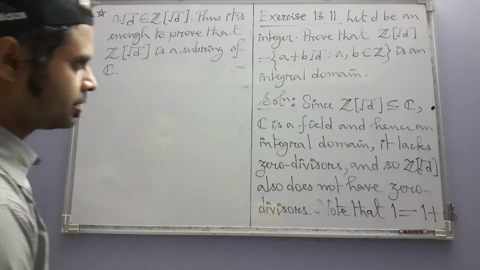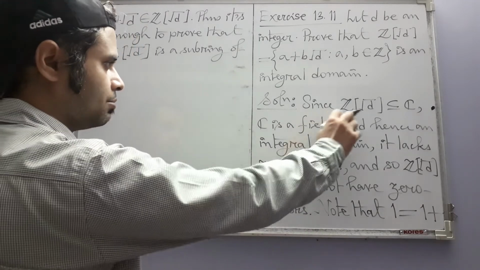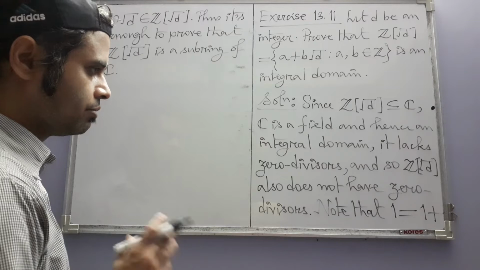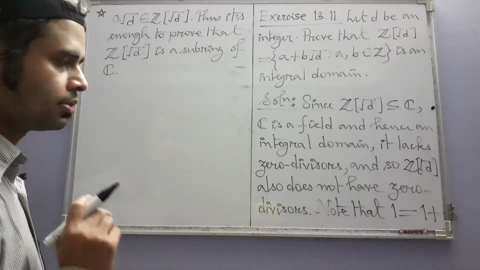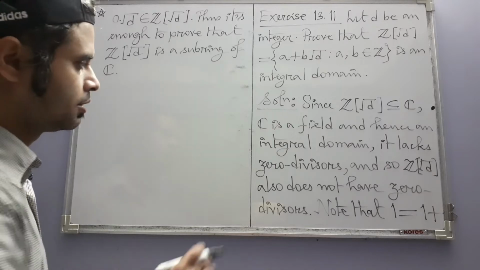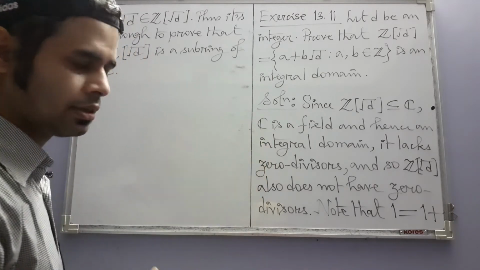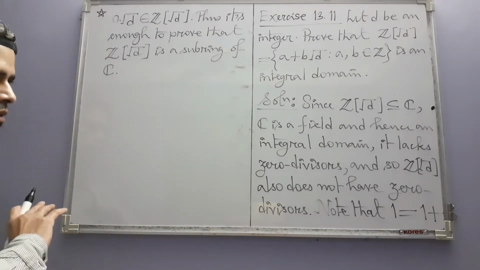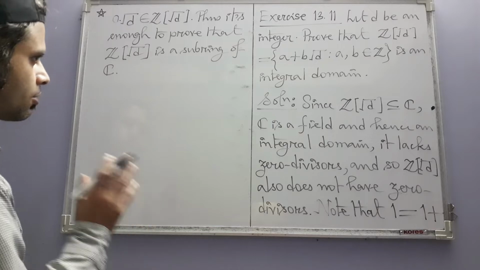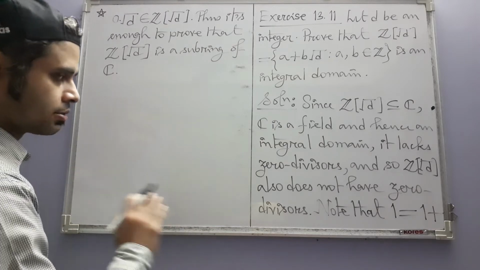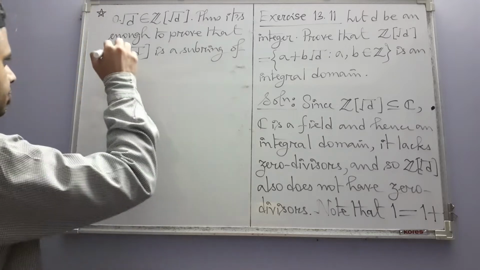So to prove that it's a subring, we will take two elements in this set and show that their difference and product both belong to the set, and that's just enough by one of the results we have in the text, which says that under such conditions a non-empty subset is a subring, that it is closed under subtraction and multiplication.